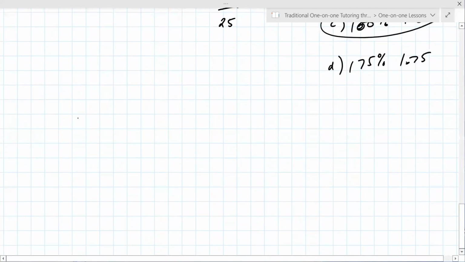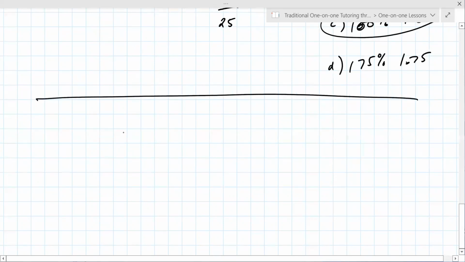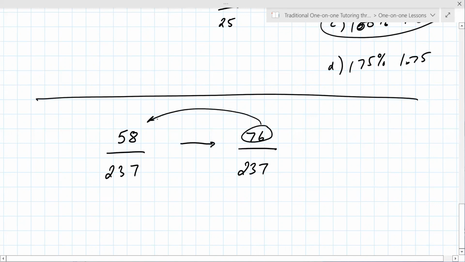Let's try one more here. Let's say it's 58 out of 237, and you're going to 76 out of 237. I want to know how many times greater 76 is than 58.